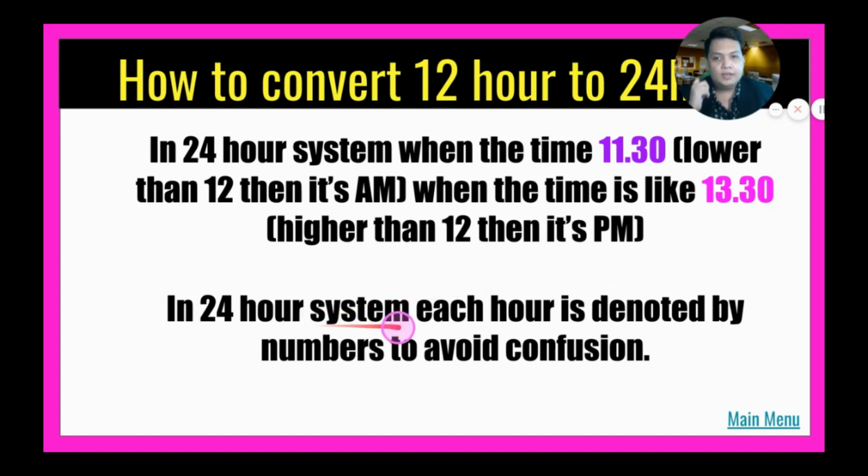In the 24-hour system, each hour is denoted by numbers to avoid confusion. For myself, I think the 24-hour clock system is better than the 12-hour clock system, so that you don't need to mention every now and then the AM or the PM.